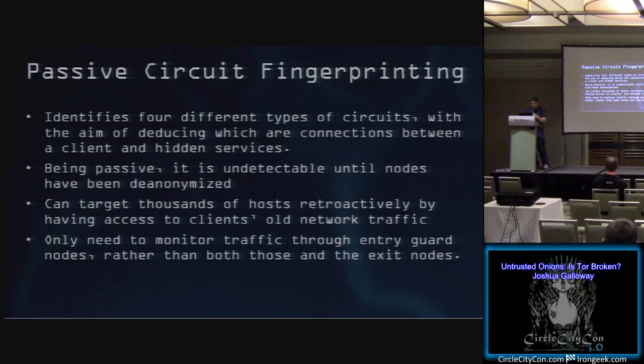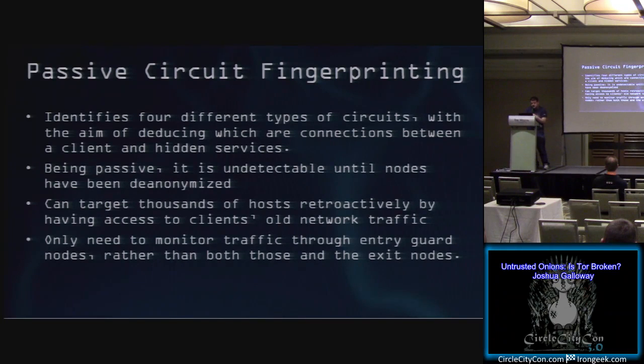All right, so the passive circuit fingerprinting step identified the 4 types of circuits that were mentioned earlier. It's passive, so it can't be detected until nodes have been de-anonymized.